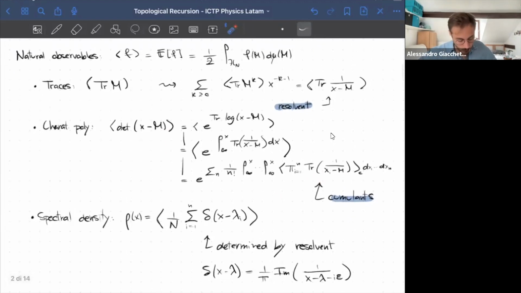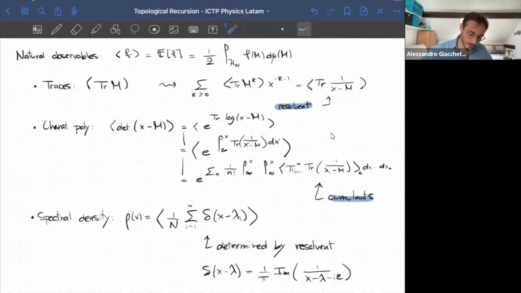And another quantity that you might try to compute is something called the spectral density, which is essentially the expectation value of the position of the eigenvalues. And you can do so by integrating the sum over n of Dirac deltas located at the eigenvalues. But again, this is essentially the same thing as the resolvent, because you can write a Dirac delta in this way, where here you again have x minus lambda, which is exactly what appears here.